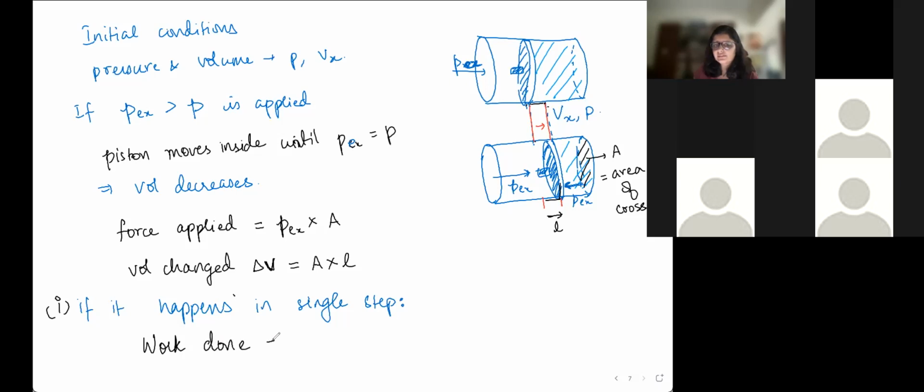So work done is equal to force into displacement, F dX.